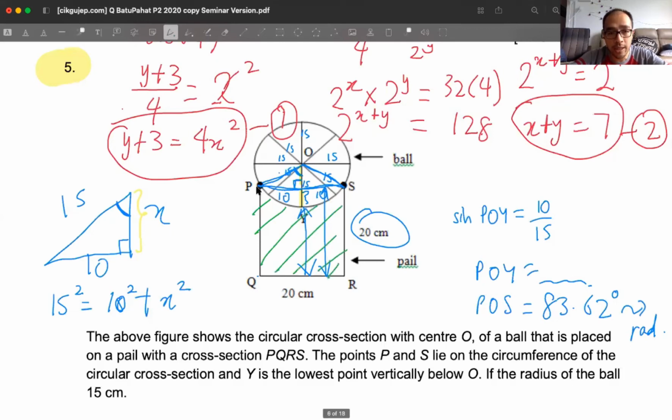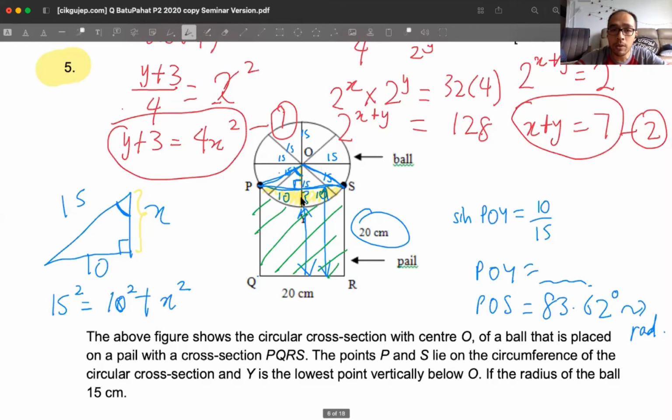The strategy is the area of the square minus this tiny section over here. I'm going to highlight this yellow color section. The area of the square minus this tiny section, then you get this green color area. That's what the question is. Area of the square, no problem, 20 times 20.